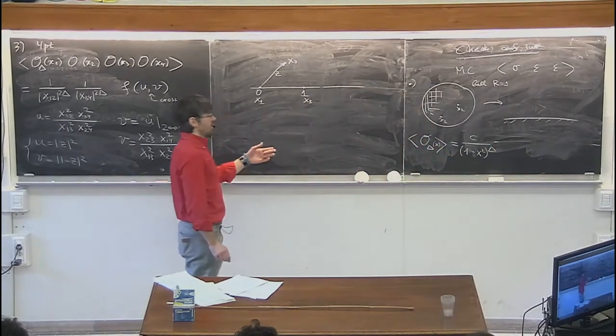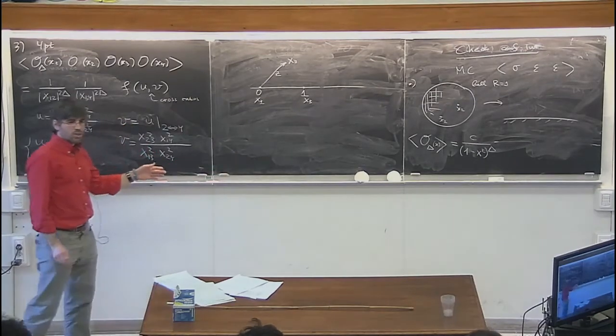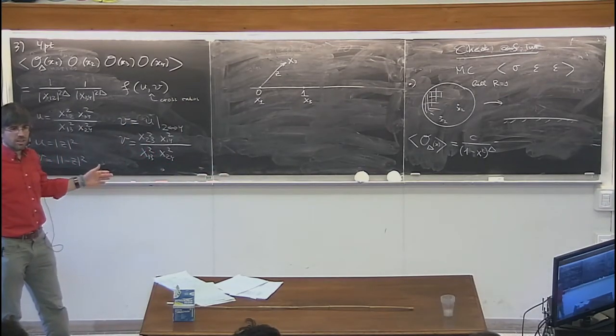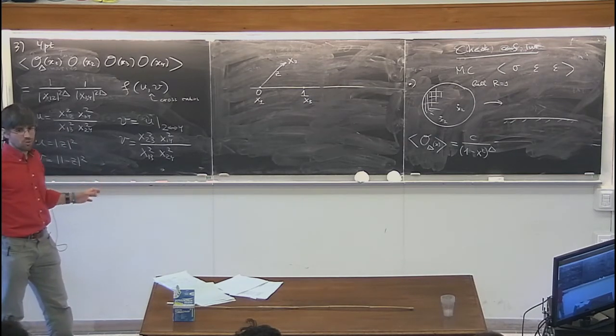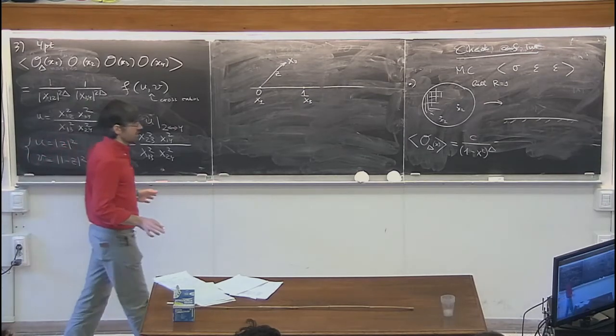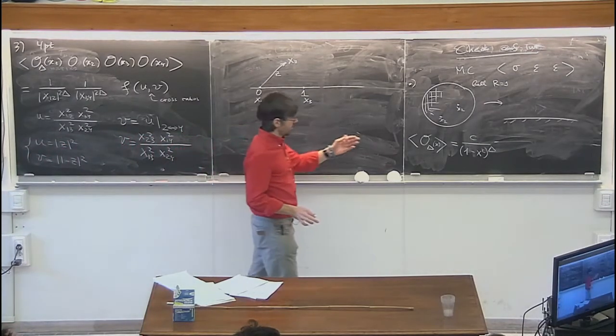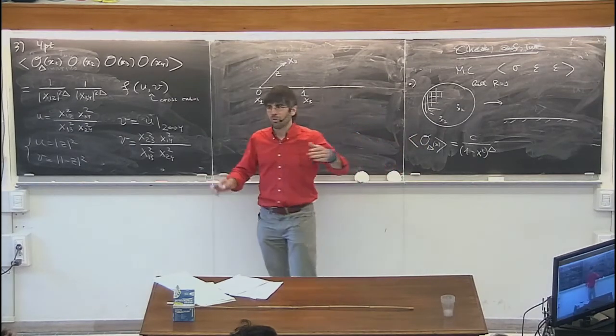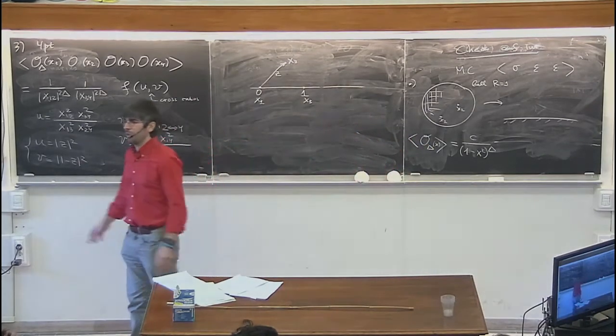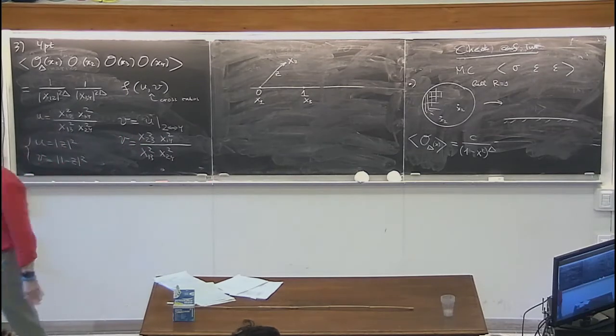So you see, we never discussed 1-point functions in flat space, because 1-point functions in a CFT in flat space are 0 for dimensional reasons. If you have an operator of dimension delta, then a 1-point function in flat space would have to be equal to some mass scale to the power delta.